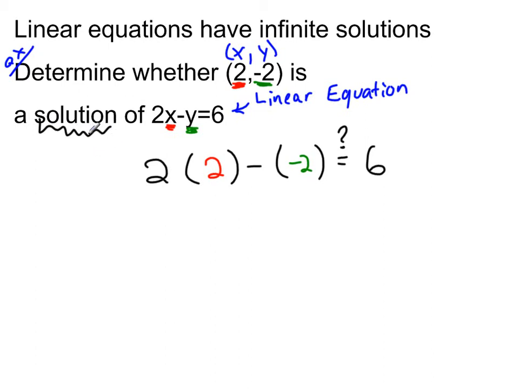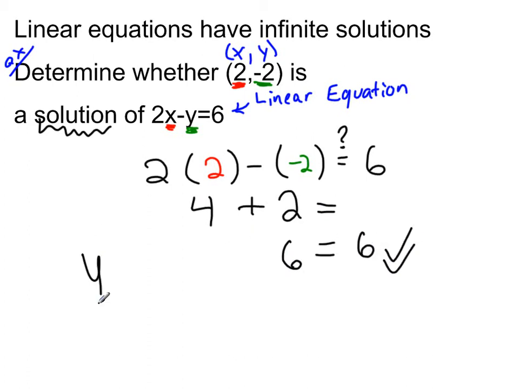And if you go back really far, I think chapter 10, there was what we defined as solutions. Solutions make the statement true. Any replacement for a variable that makes the statement true. So, we're going to go ahead and simplify this. What's 2 times 2? 4. Minus a negative 2. Well, when I subtract a negative, I add a positive. And 4 plus 2 is 6, and sure enough, 6 equals 6, so our answer is yes.